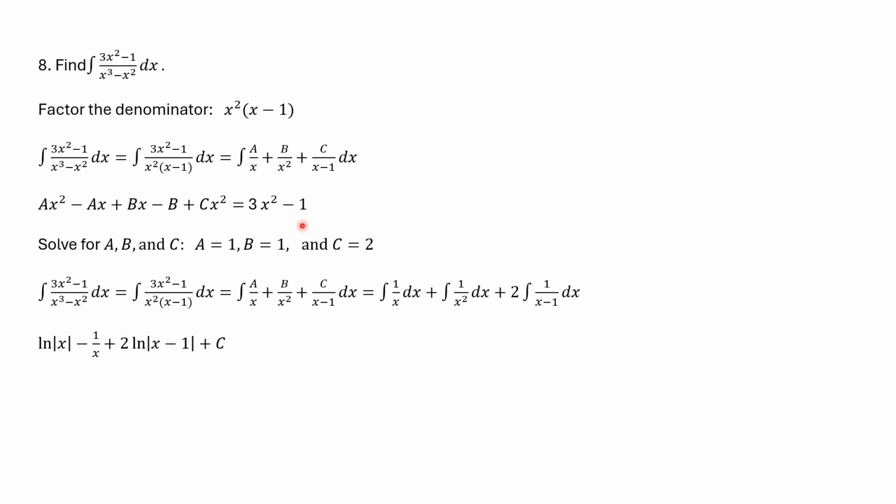Next one, we're going to find the integral of (3x squared minus 1) over (x cubed minus x squared). In fact, the denominator is x squared times (x minus 1).